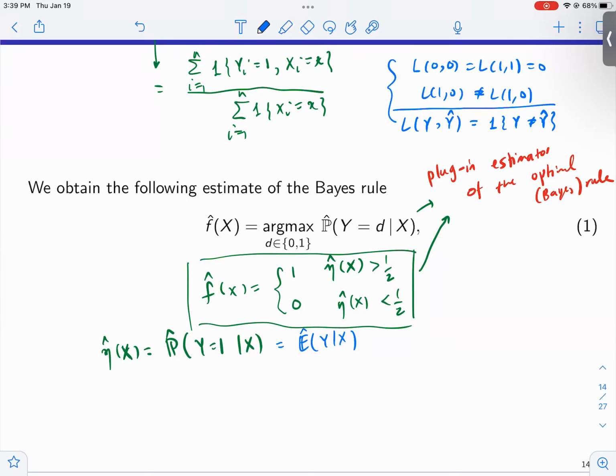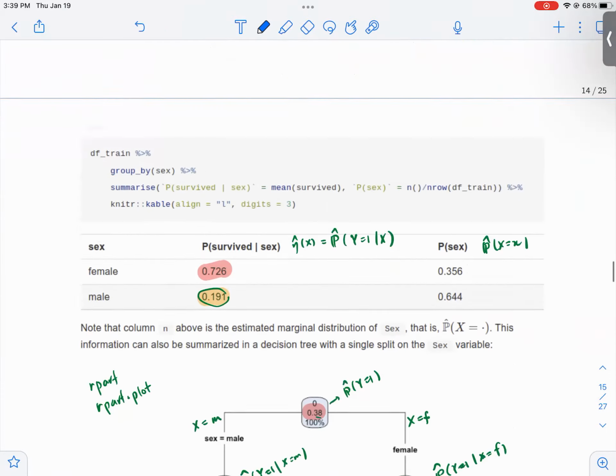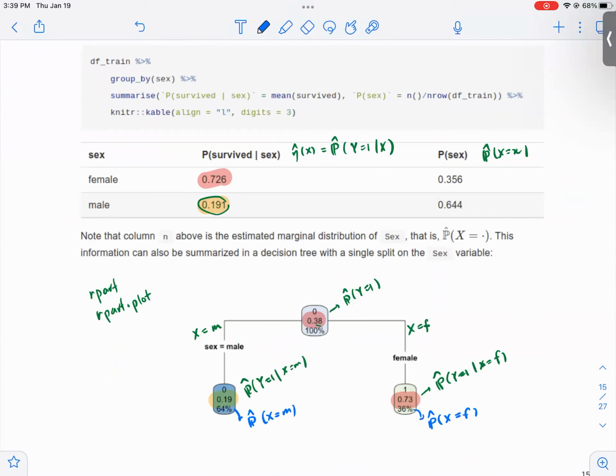This is going to be our rule, and you felt happy with this? Sort of remember. Then we showed that in this example, if you go through the entire training data, you can calculate eta hat for different values of x. X was a single variable that takes 2 values, female and male.